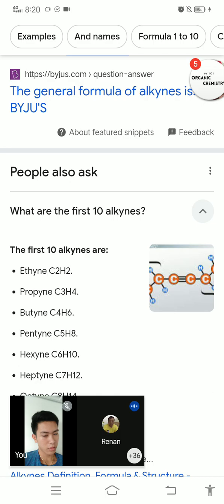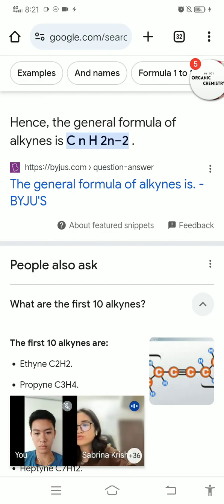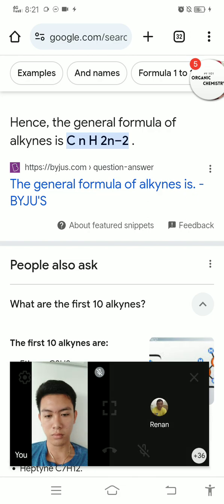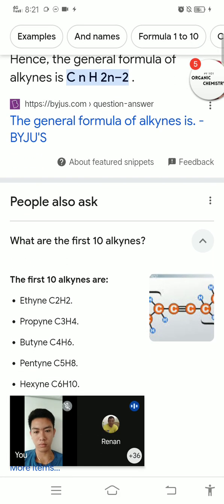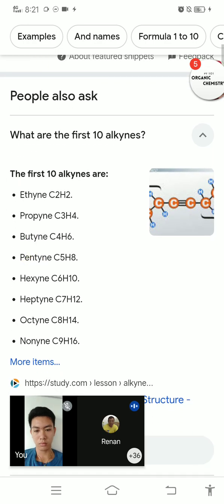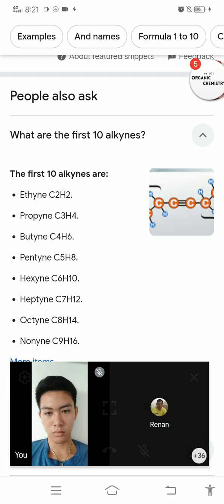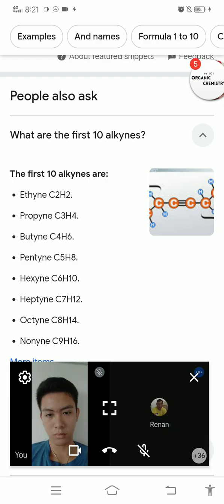Ano nga tayo? Alkyne. The general formula is CnH2n minus 2. Anyone? 2n minus 2, sir. Okay, so CnH2n minus 2. And if we have C5, what is the partner?